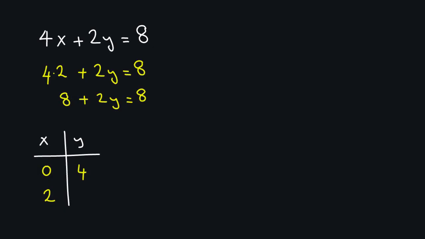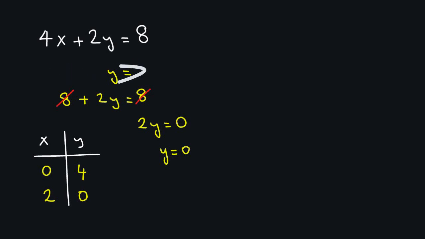So you see that there is 8 on both sides, so they can be cancelled out. I have only 2y on the left side, and on the right side I have 0. So 2y equals 0, which means y is also 0. So when x is 2, y is 0.